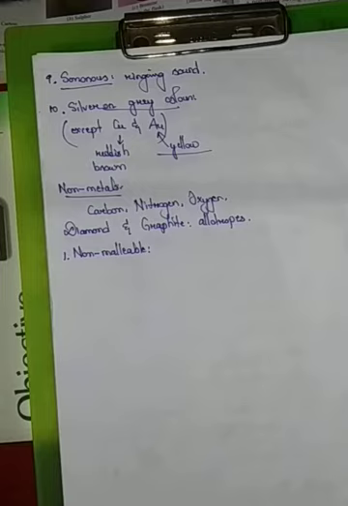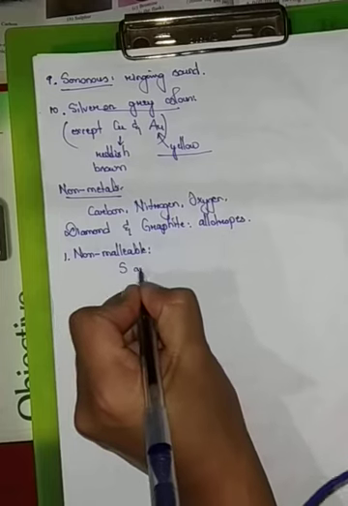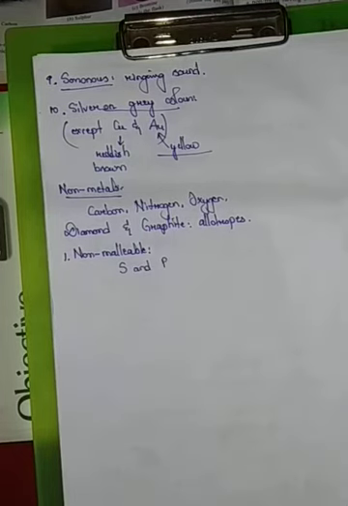For example, sulfur and phosphorus are solid non-metals, but they are not malleable, and they cannot be beaten into thin sheets with a hammer. Thus, we cannot get thin sheets from non-metals because they are non-malleable.